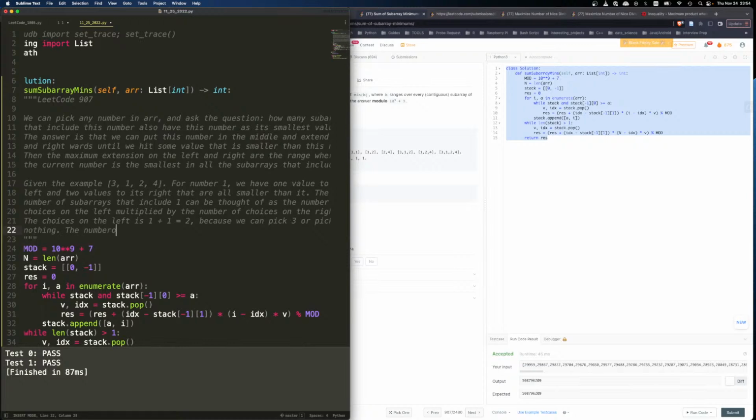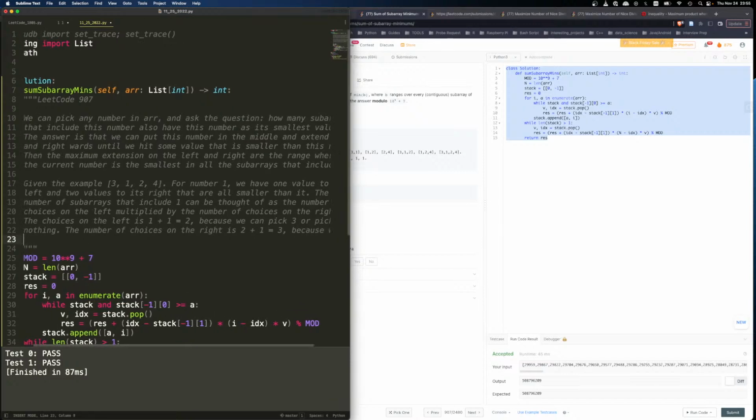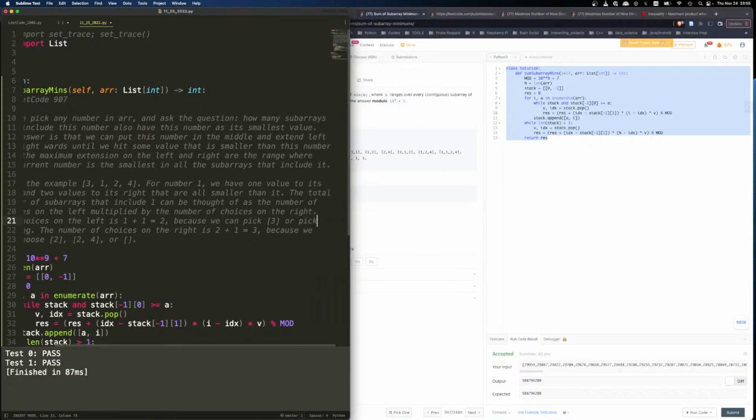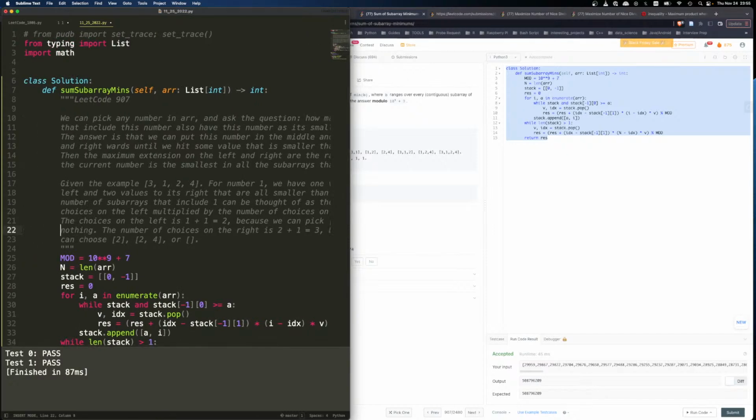The number of choices on the right is 2 plus 1 equals 3 because we can choose 2, or 2, 4, or pick nothing.